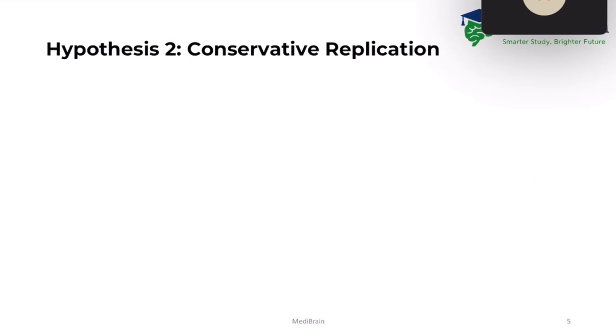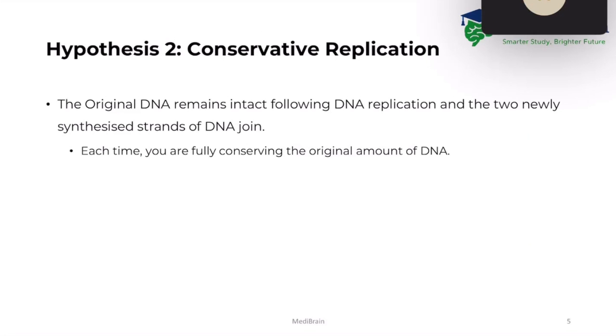The second possibility was that the original DNA remains intact following DNA replication, and then two newly synthesized strands of DNA will join together, and each time you will fully conserve the original amount of DNA.